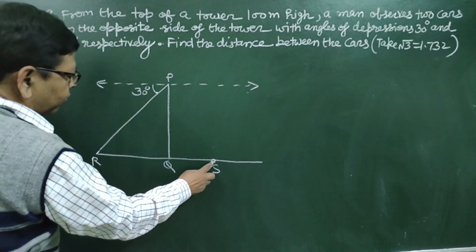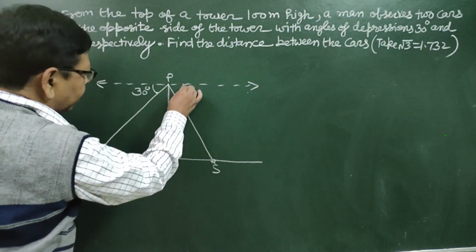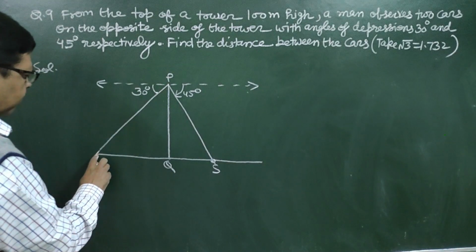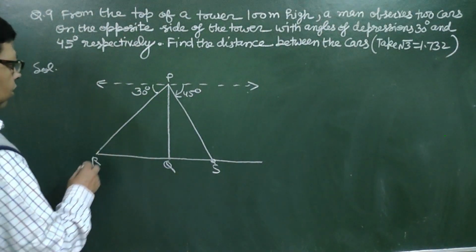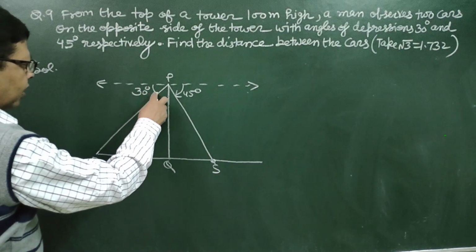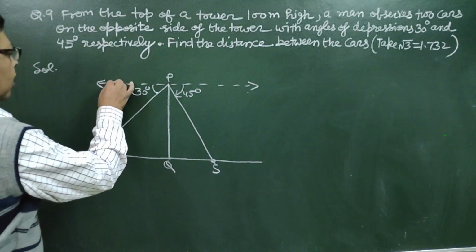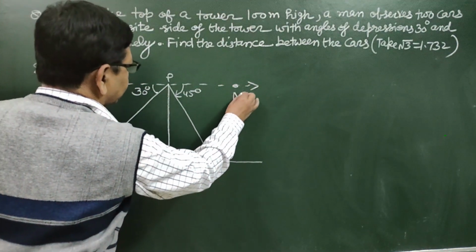The car at the point S will be nearer here, because here I am taking the angle as 45 degree, more angle, and this car at R is farther than S. This angle is 30 and this angle in the downward is 45 degree. Let this point be M here and let the point be N here.